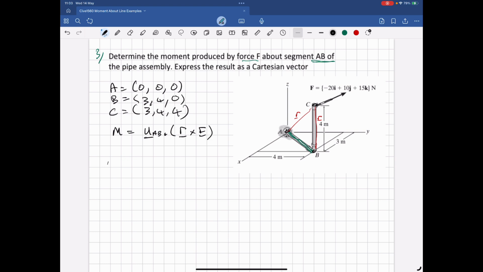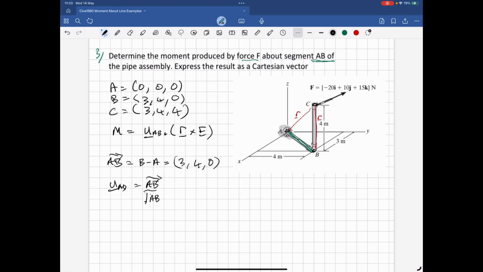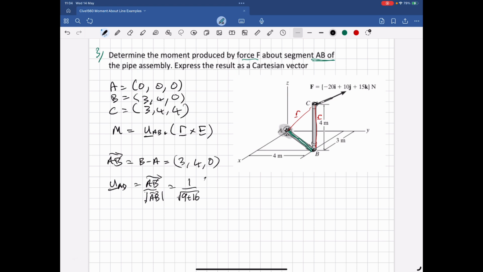So let's do AB, which is equal to B minus A, which is equal to 3, 4, 0. u_AB is equal to AB divided by the magnitude of AB, which is 1 over root 9 plus 16, and we know that's going to be 5, times 3, 4, 0, so 1/5 of 3, 4, 0.